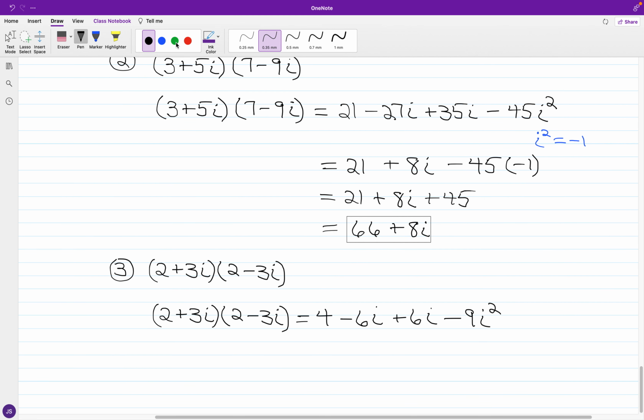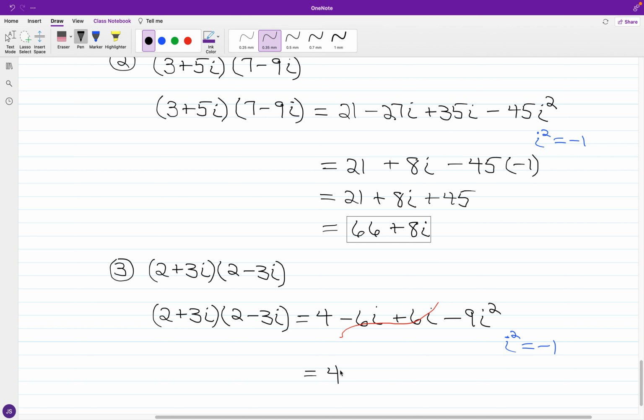Again, just to restate, i squared is equal to negative 1. So if you notice, we have a negative 6i and a positive 6i, so those terms are going to go out.